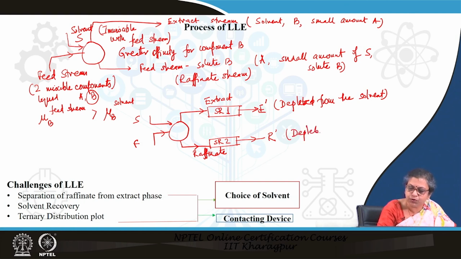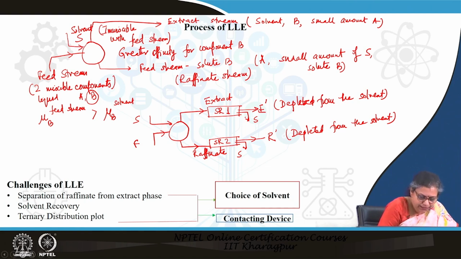In other words, both E prime and R prime are rich in the solute that we wanted, this solute B. And from both solvent recovery units, we get the recovered solvent S. Both of these, sorry, I'll just draw it on the top, not at the bottom. That will be easier for me.